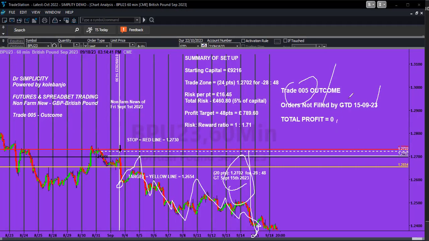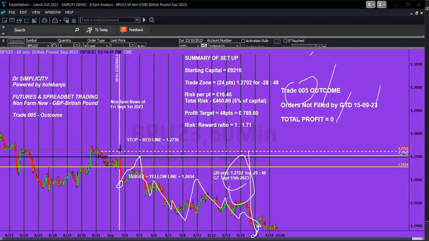Therefore, our total profit is 0. We haven't made anything. We haven't lost anything. And this is one of the outcomes we outlined right at the beginning of our research into what trading is all about.